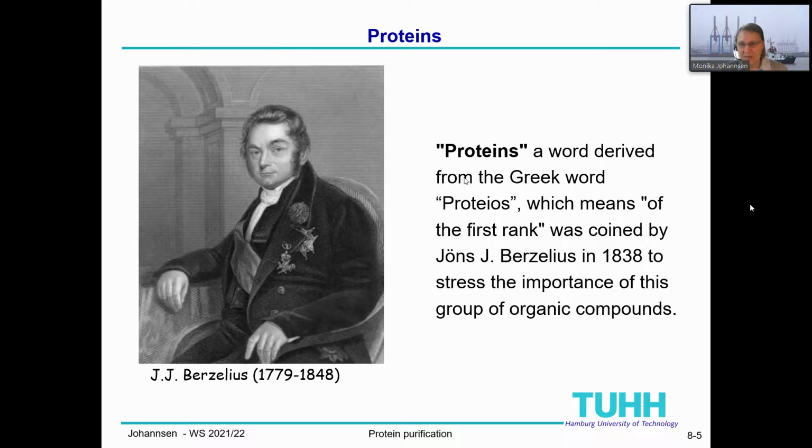And he was also thinking about proteins, as the word itself is derived from the Greek word proteos, which means of the first rank. And this name was given to this kind of substances by Baron Berzelius in order to stress the importance of this group of organic compounds.